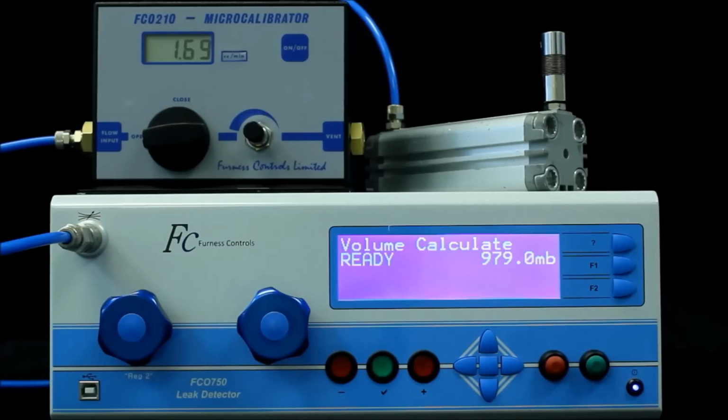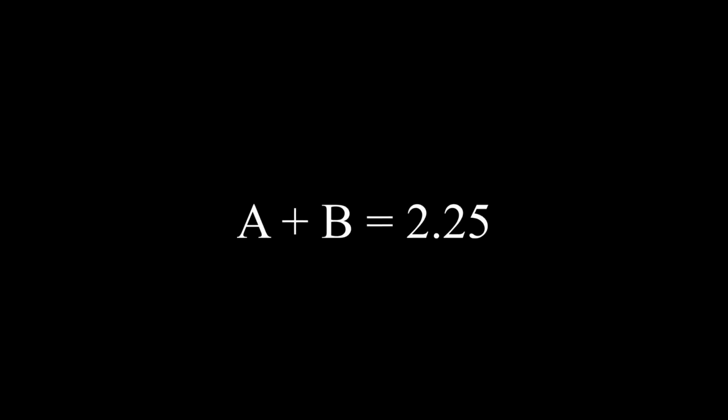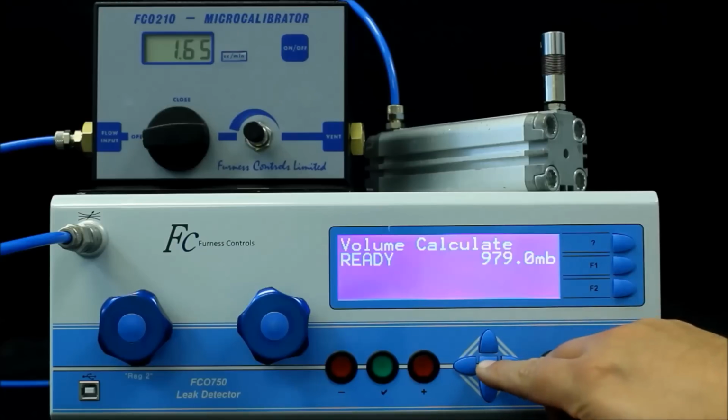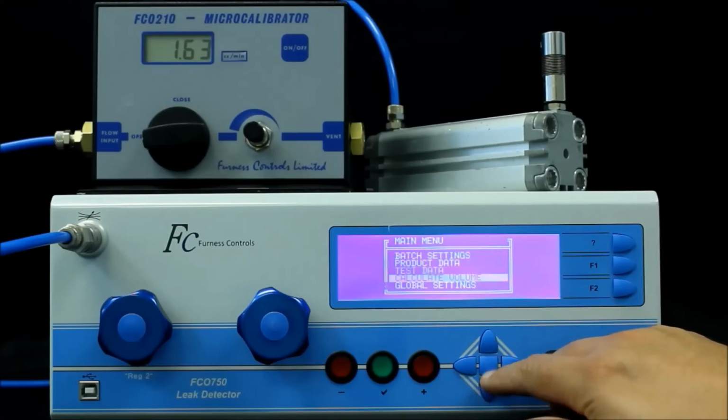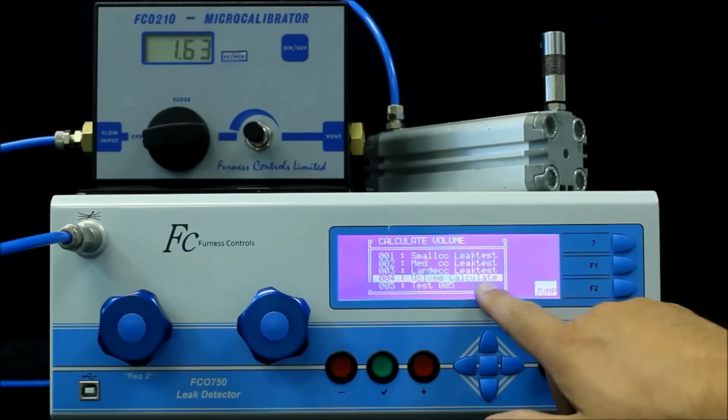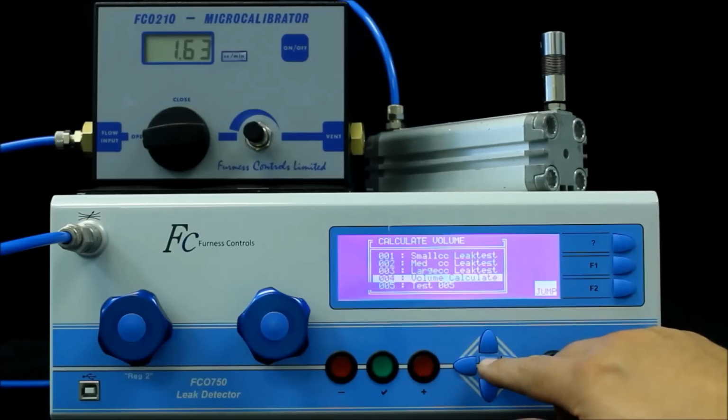So what to do about that? Well, I'm going to take my value A that I got, 0.1 of a cc, and I'm going to add it to value B. So that equals 2.25. I will go to main menu and I will go to calculate volume, and the test that I'm using is calculate volume.